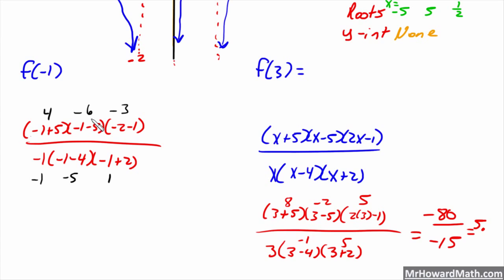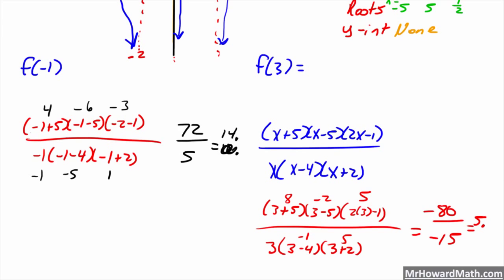So let's see. On top, we'll do -6 times 4 is -24, then times -3 would be 72 positive, over -1 times -5 is 5 times 1 is 5, so 14 point something. It doesn't matter what the decimal is.